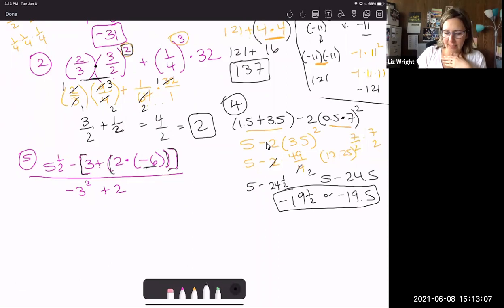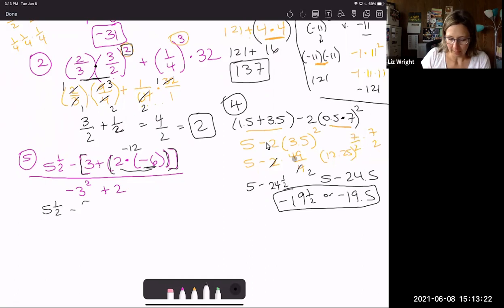This set of parentheses in here is just showing us that we have a negative. And so it's saying we're going to take 2 times negative 6. So this 2 times the negative 6 is going to give us a negative 12. So I'm going to rewrite this so it looks a little bit better. And we're going to do 5 and 1/2 minus the quantity of 3. And then we have plus a negative.